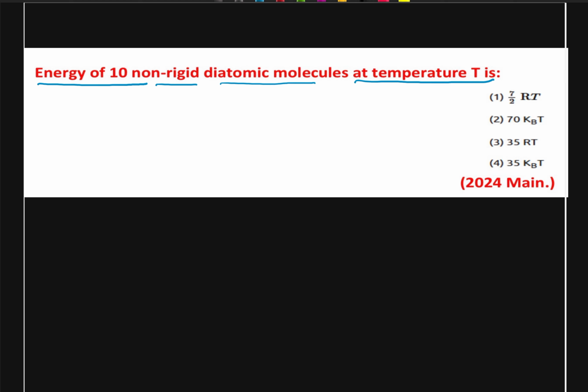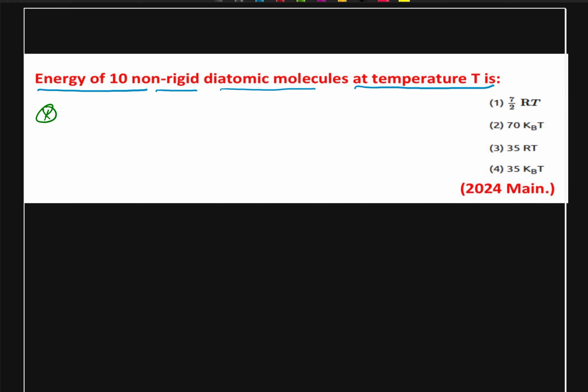So we are given 10 non-rigid diatomic molecules, and with respect to this diatomic molecule, let's find out what will be the total energy associated with it. Then we can solve it for 10.